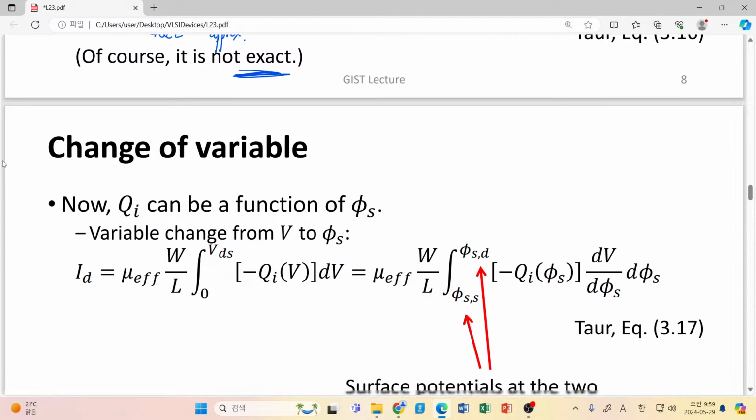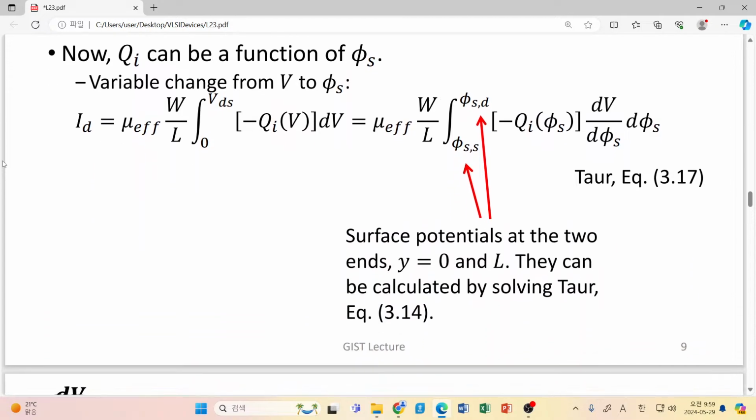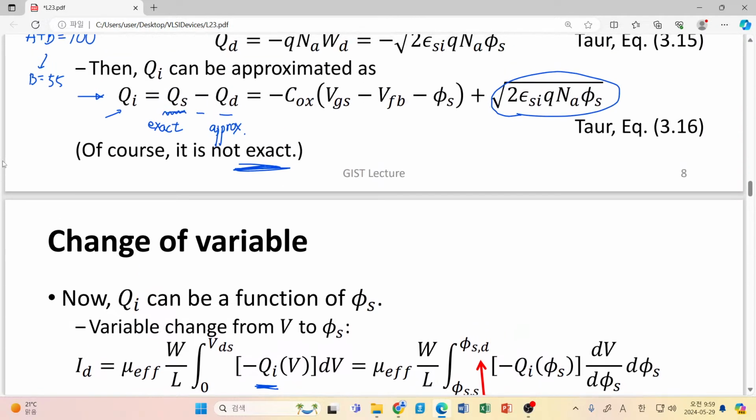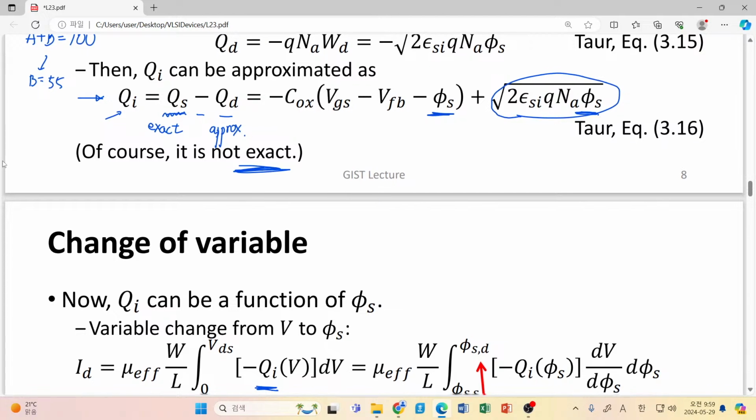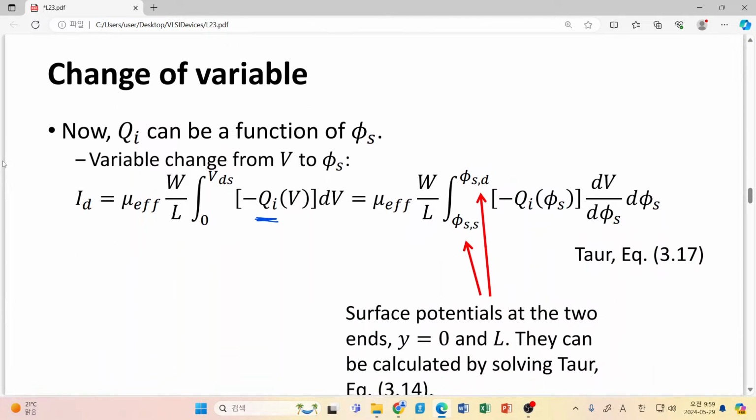So now our QI is written as this equation 3.16, and instead of V, it now contains phi s, because our depletion charge is written in terms of the surface potential. So instead of this one, we just wanted to change this one.